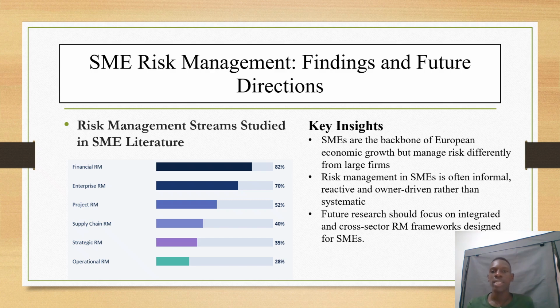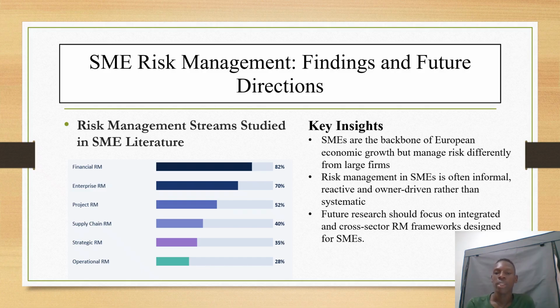Under the key insights, these small scale enterprises are the backbone of European economic growth. But most times, as we talked about, risk management is different from the way it is done in large firms. Why? Because these small scale firms have limited resources.